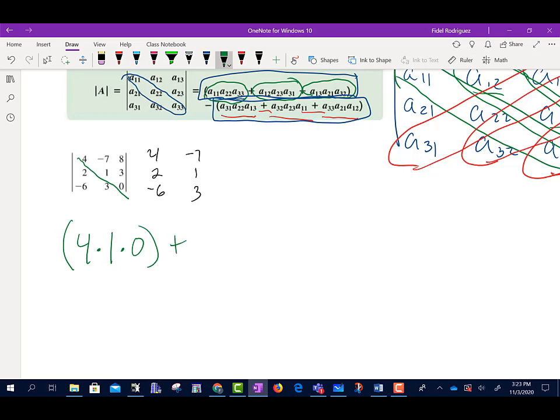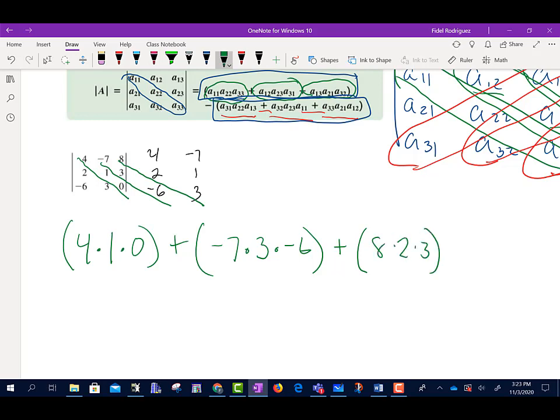Okay? Plus, I'm going to go along the diagonal again. Negative 7 times 3 times negative 6. I'm going to go along the diagonal again. Plus 8 times 2 times 3. Okay? Then I go minus.